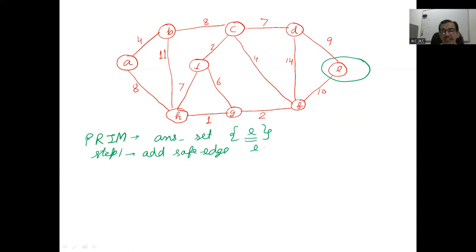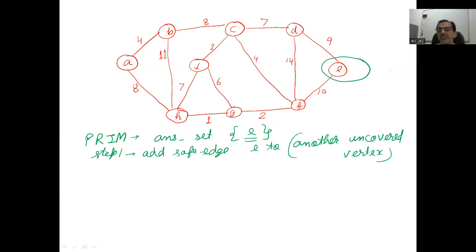So it means E to another uncovered vertex is to be added. And that should be least weight. So effectively that means that what I am going to add is something like this. Something like this to be added.